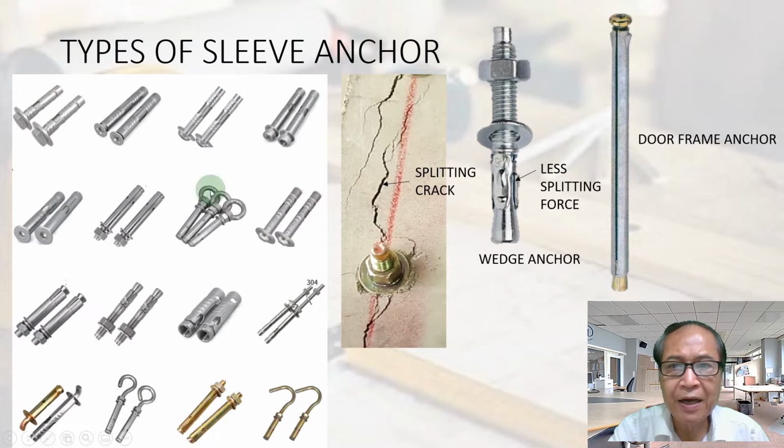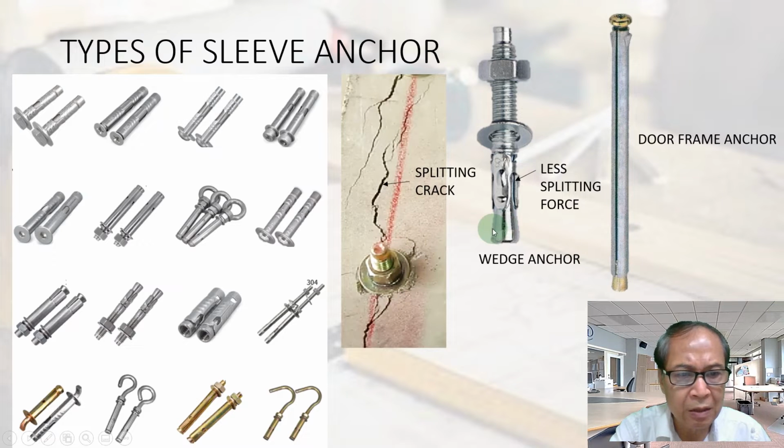Types of sleeve anchor. You see, there are different types of sleeve anchor, with different heads: Phillips head, hexagon nut, and hook type. You see, this sleeve will expand and crack the concrete like this.